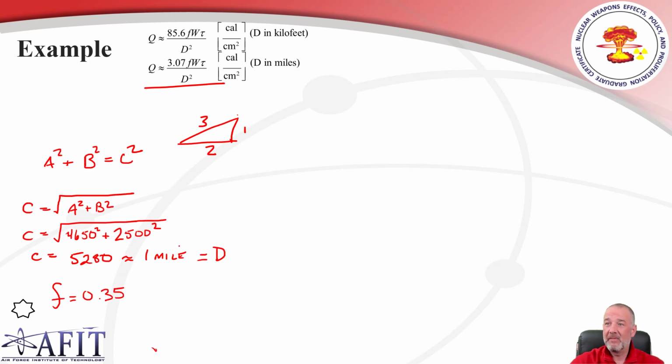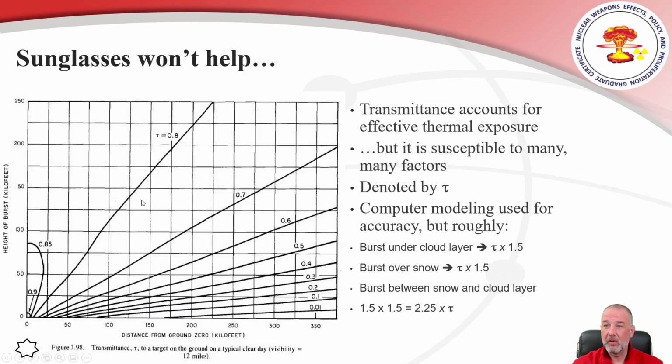Okay, so we have W, we have the yield. We have D, which we figured out. We have F. So now the last thing we need to do is find what tau is. So again, we're going to go to our cool little graph here, and we're going to say, okay, well, where are we here? So this, again, is in tens of thousands of feet.